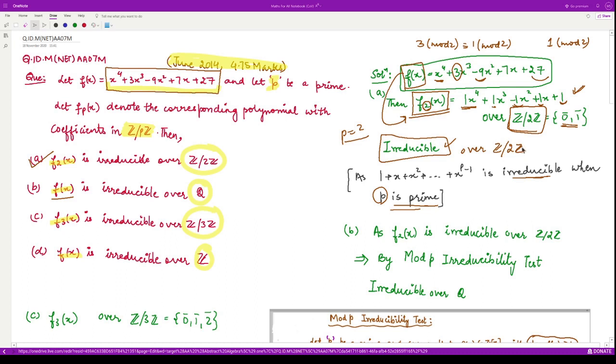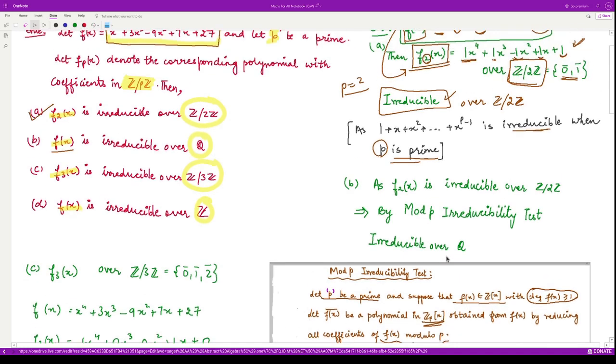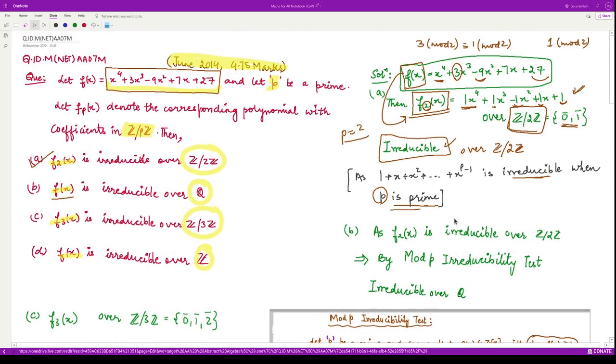Therefore by this result the given polynomial f of x is irreducible over Q. If you want a detailed explanation of this test, you can visit the link given in the description. So according to the mod p irreducibility test, the given polynomial f of x is irreducible over Q. So option B is also the correct option.